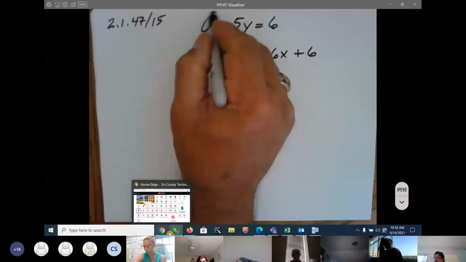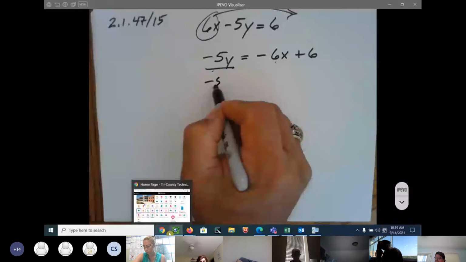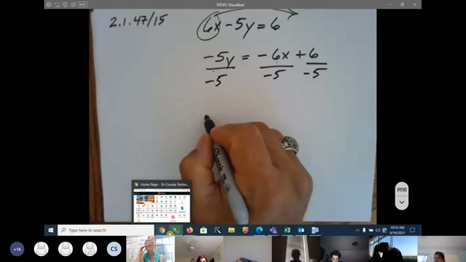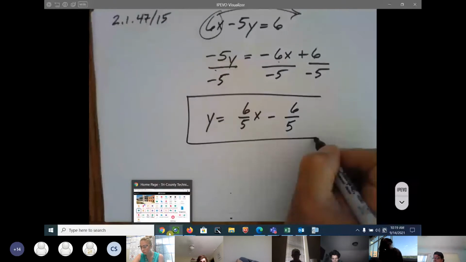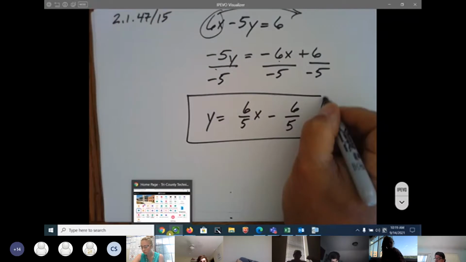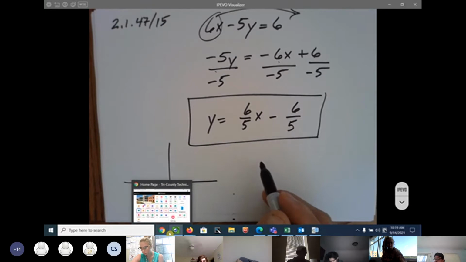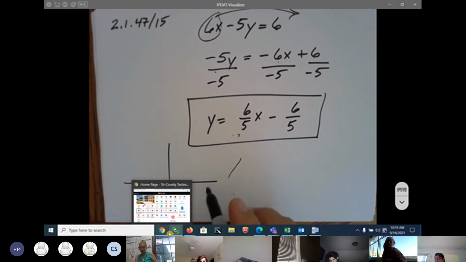Took that across the river. And divide by 5. So y is equal to 6/5 x minus 6/5. You wanted to graph that? Negative 6/5 is going to be negative 1 1/5, and a positive slope, 6 over 5.